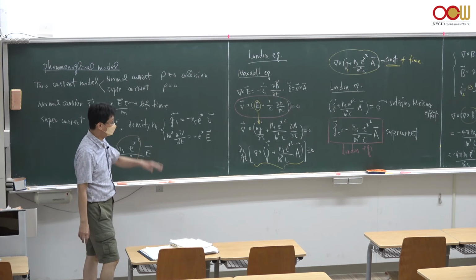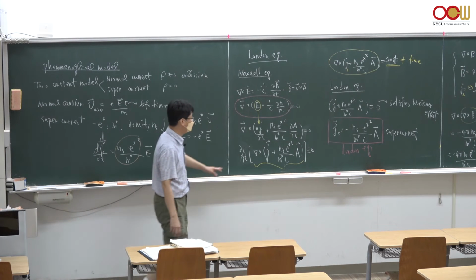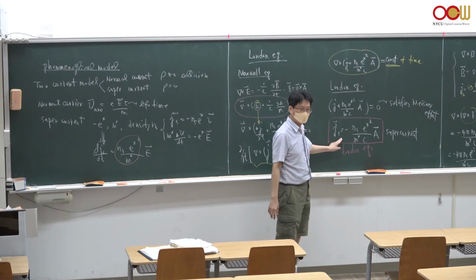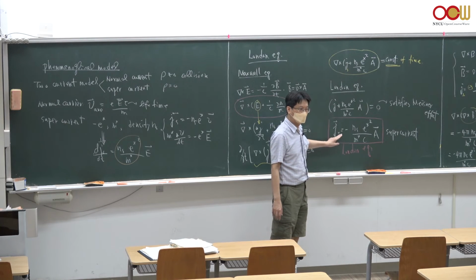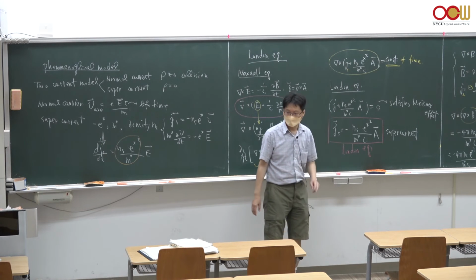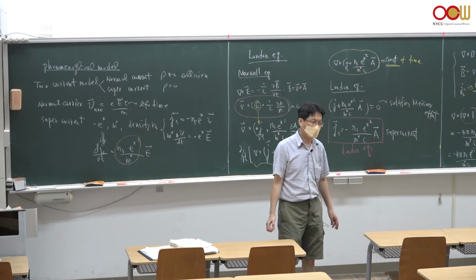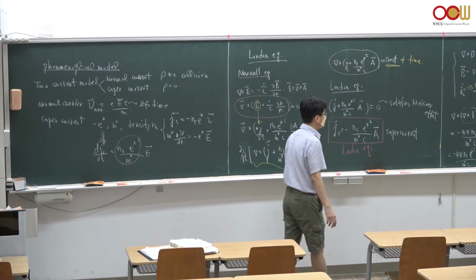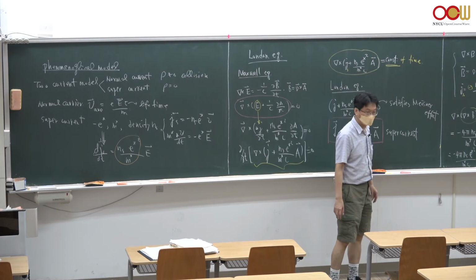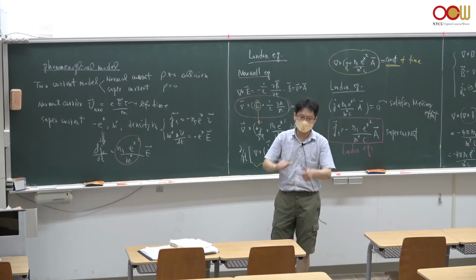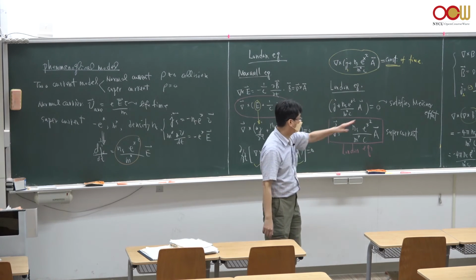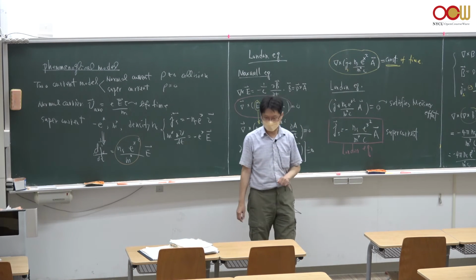Of course, it is related to the London equation. So the London equation is the most important phenomenological equation for superconductivity. Okay, so let's stop for now, and next time we will derive the pairing between two electrons based on this Meissner effect and London equation.